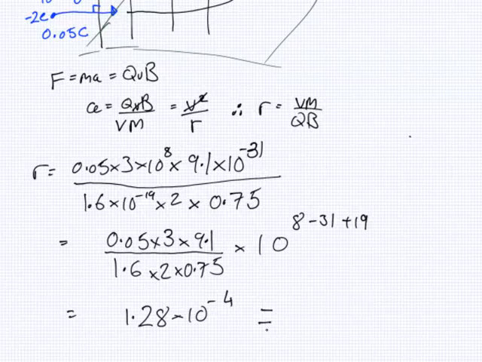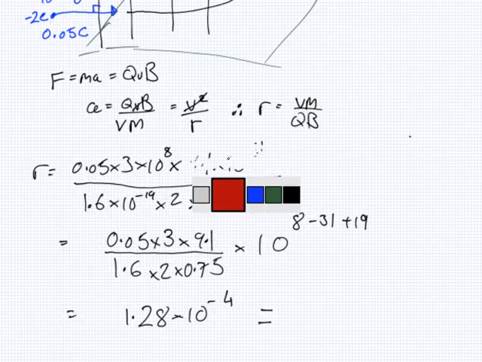No, I made a mistake. What was my mistake? With my workings here. I was wrong to use 9.1 times 10 to the minus 31 as the mass. Why am I wrong to do that? Because the question didn't say it was 2 electrons. The question said it had the charge of 2 electrons, but the mass was 10 to the minus 25.